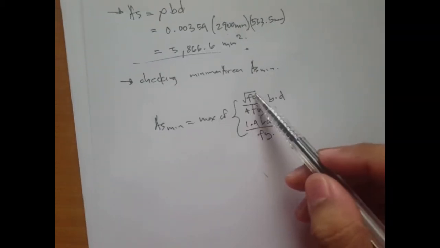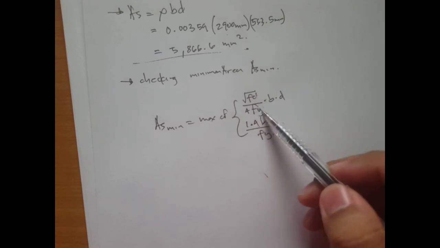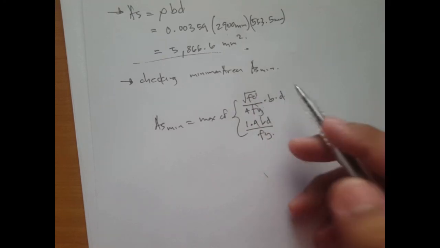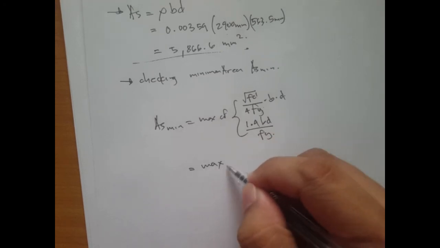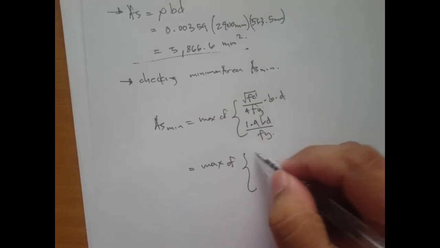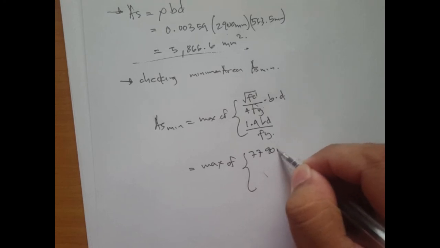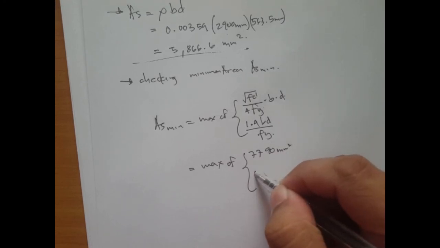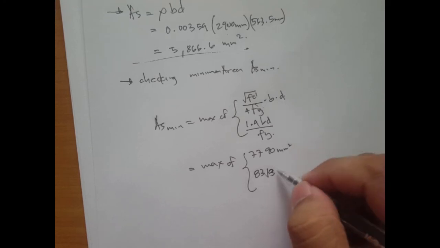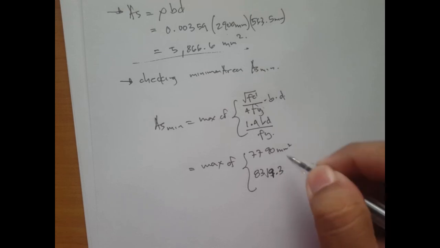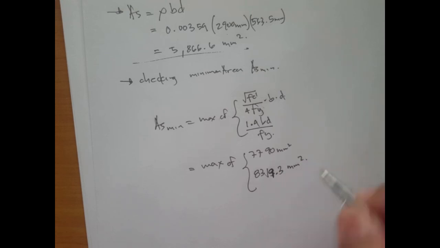This one is in megapascals, so this one should be in millimeters. If you do the math, we have 7,790 mm squared, and another one is 8,319.3 mm squared.